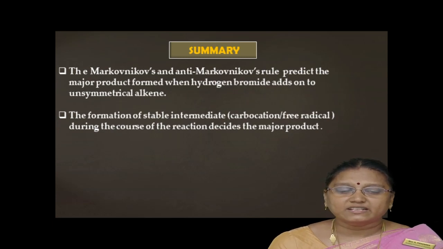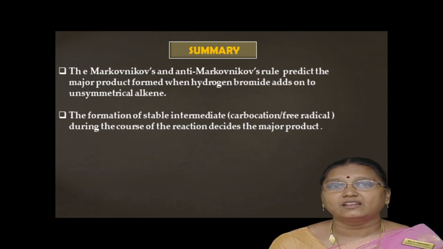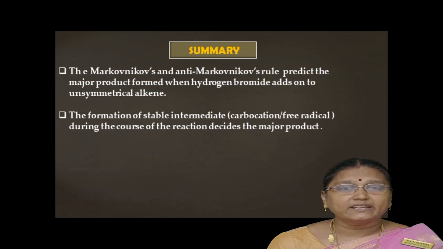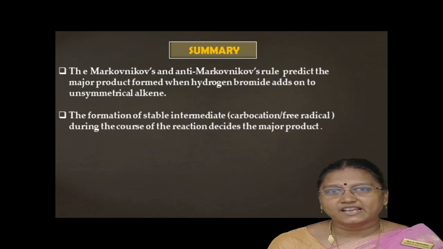So at the outset we can say the formation of the stable intermediate during the course of the reaction decides the major product in both the cases. That is, the addition of HBr on an unsymmetrical alkene. So we can apply this to any unsymmetrical alkenes and predict the major product.